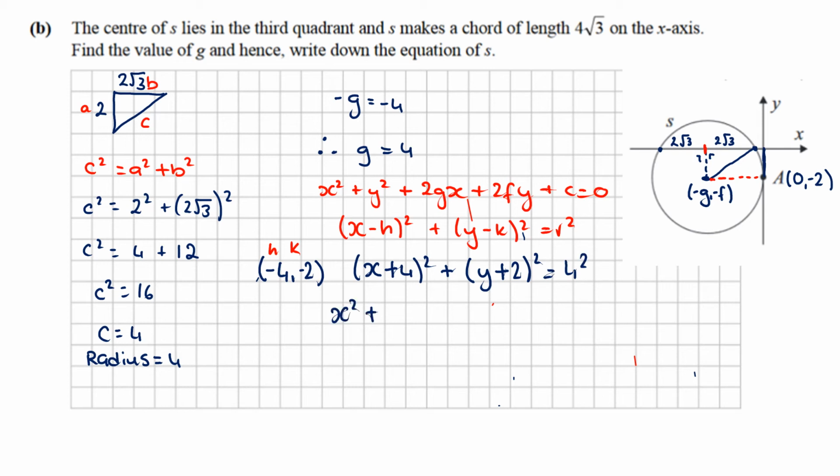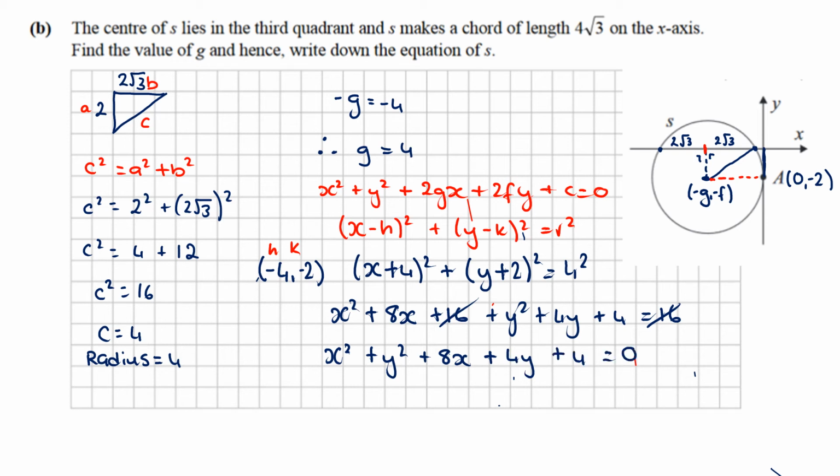X squared plus 8x plus 16 plus y squared plus 4y plus 4 equals 16. 16's cancel, we get x squared plus y squared plus 8x plus 4y plus 4 equals 0. So we could have worked out our c in other ways, but it was just as easy to work through with our h, k formula here.